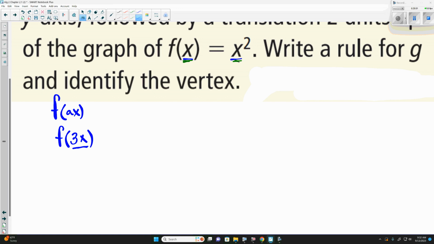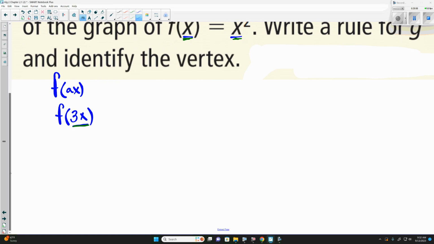We're just replacing x with 3x. So instead of having x squared, we have 3x squared. Now, if there were other numbers to it, if it would have said 2x squared, it would have been 2 parentheses, 3x, close parentheses, squared. Everything else stays the same. We're just replacing that x with 3x.